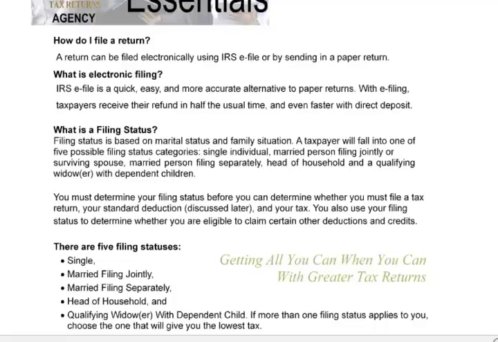And also, I skipped over one, married filing jointly or a surviving spouse. So these are some of the filing statuses that you want to familiarize yourself with.